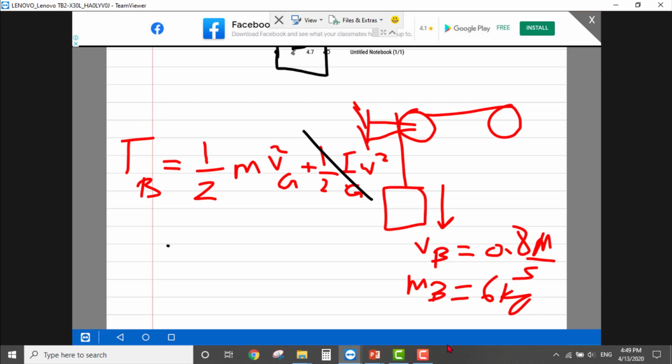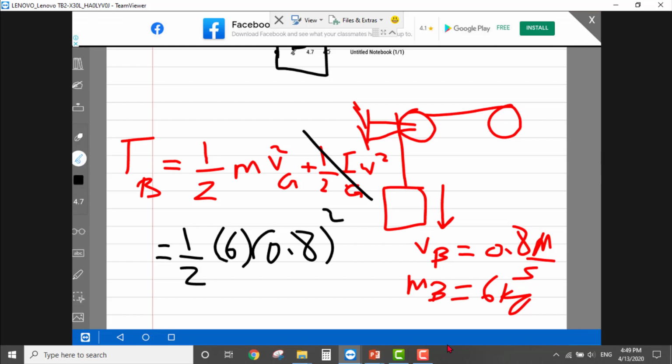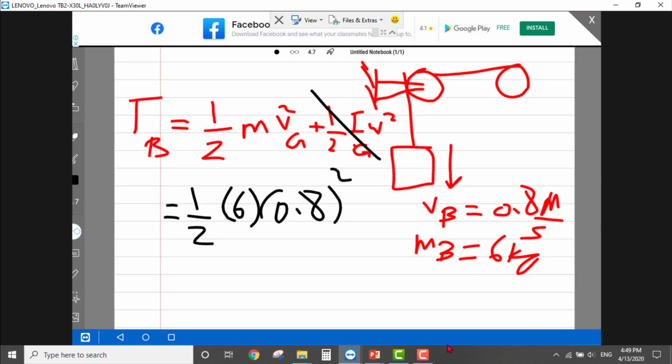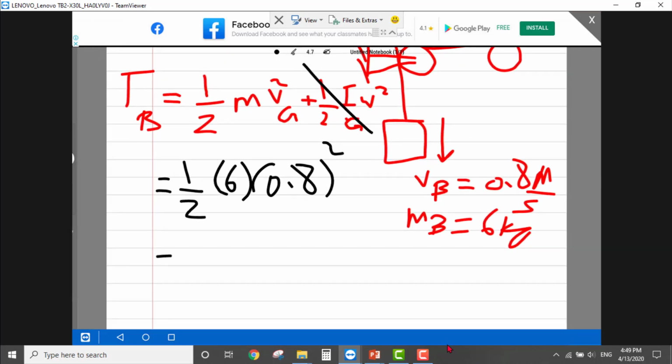So we end up with half mass of a block B, which is 6 kilogram, multiplied by velocity, which is 0.8 squared. Okay. So this is equal to, let me use my calculator. So 3 multiplied by 0.8 squared, which is 1.92 joule.